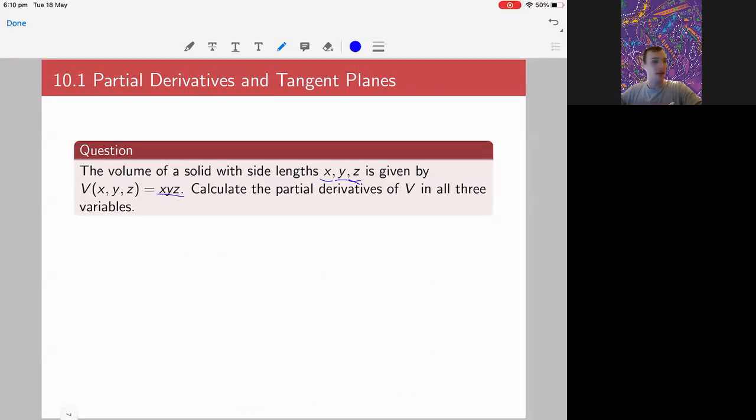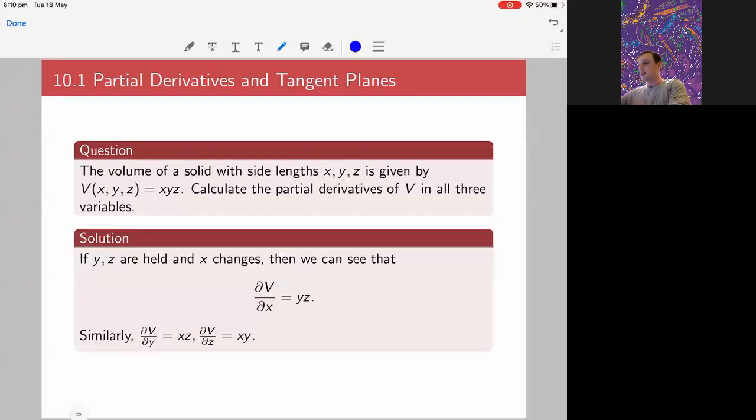The question is, calculate the partial derivatives of V with respect to all three of these variables. So you can see we've actually jumped from 2 variables to 3 variables now, but of course the theory still remains the same. The derivative in x is found by just imagining that y and z are constants and differentiating with respect to x. Since yz is a constant, that just comes out the front, and the derivative of x is just 1.